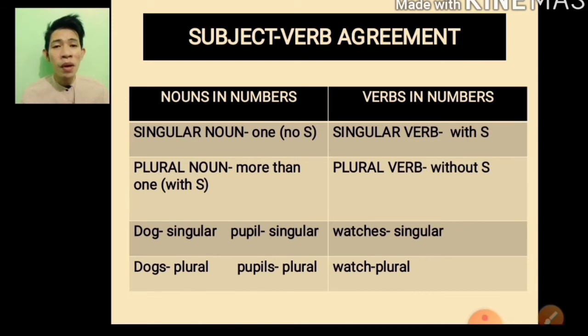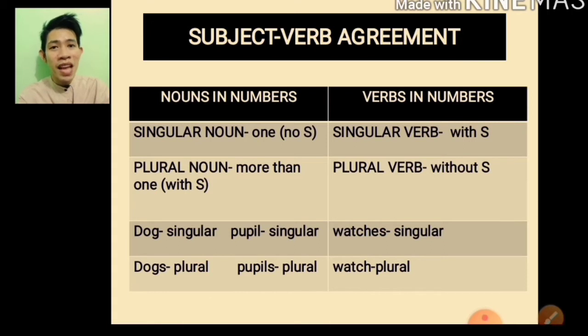No, it's not, because not all words that end with S are plurals. Okay, so let's discuss that further, kung ano ba talaga yung words na nag-end ng S, words na hindi nag-end ng S.